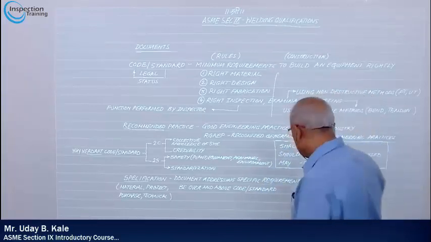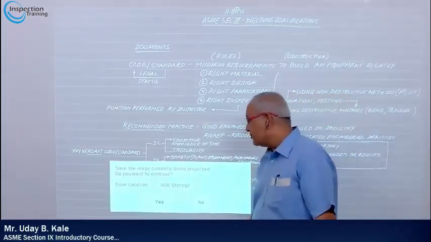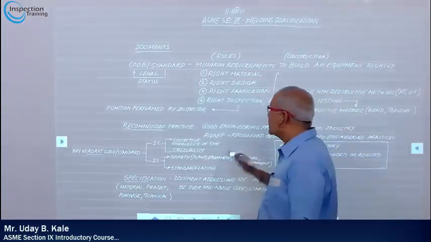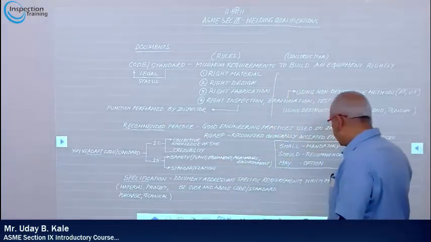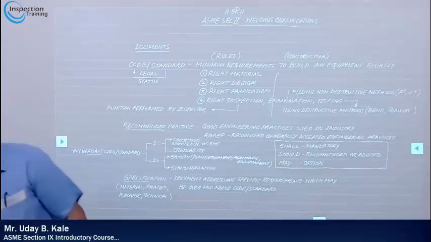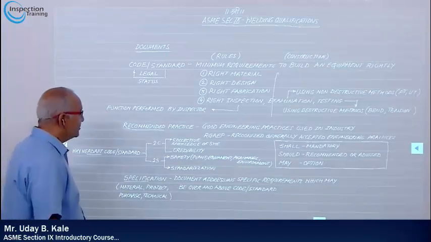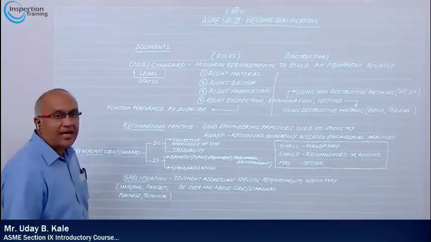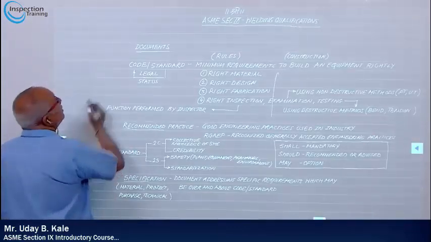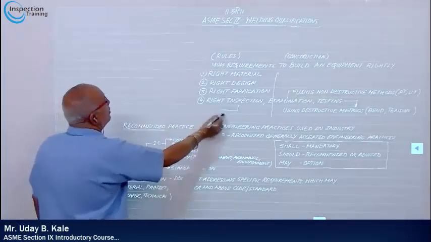I'll just save this slide so that this can be part of our notes. So let us go and see ASME Section 9, which is a document for welding qualifications.